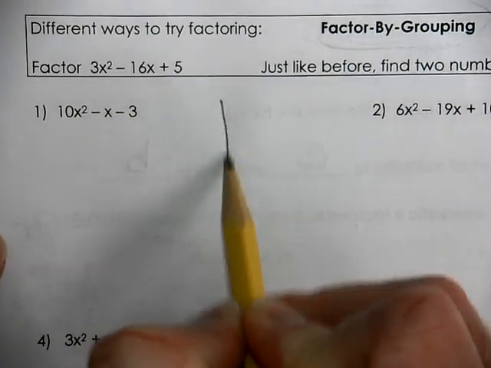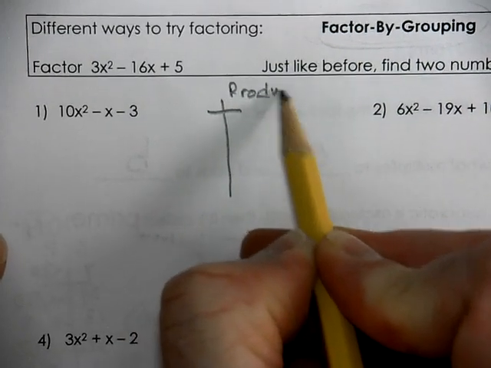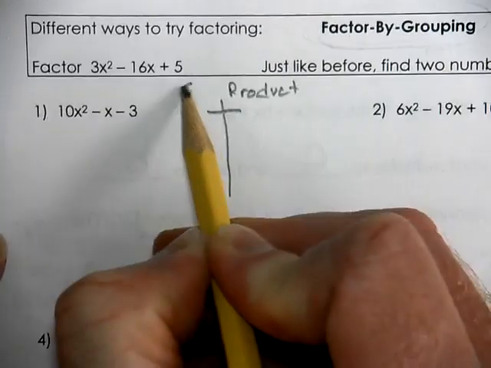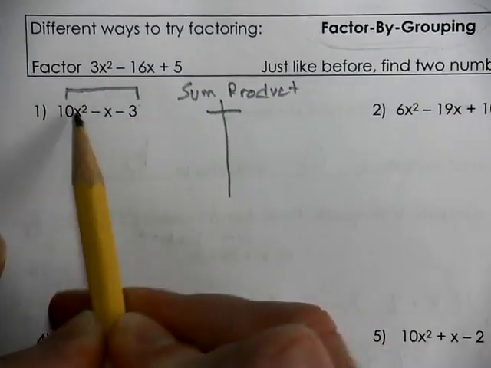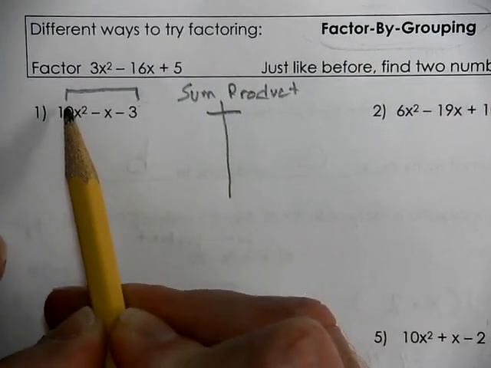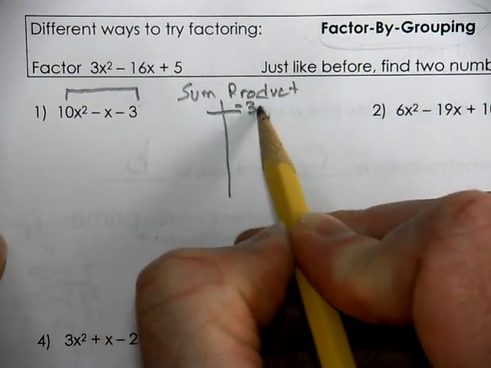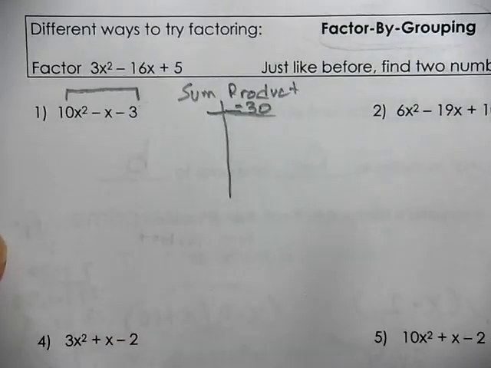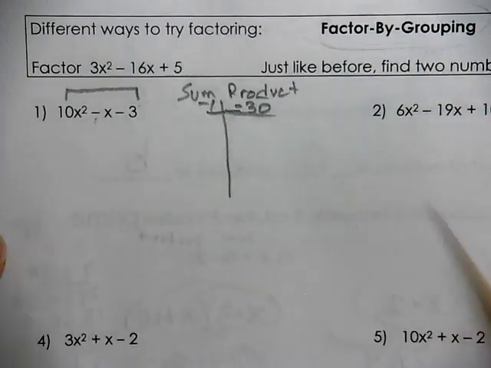To make your sum and product table, we need two numbers that create a product and create a sum. The product has to be A times C. You have to include the A. So that's negative 30. We want two numbers that multiply to be negative 30 and add to be negative 1.